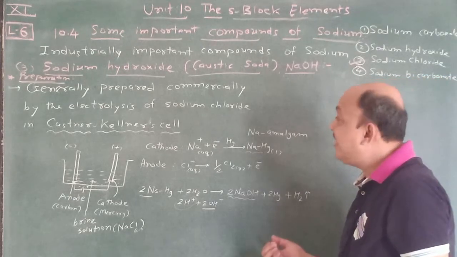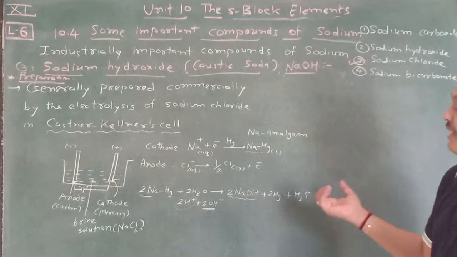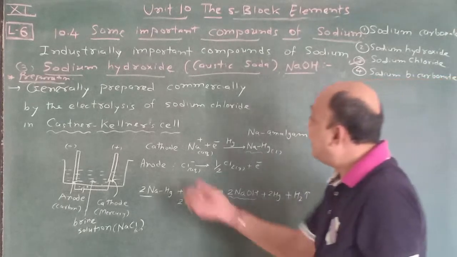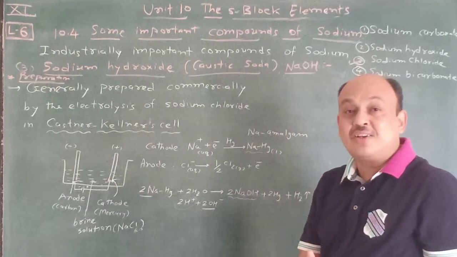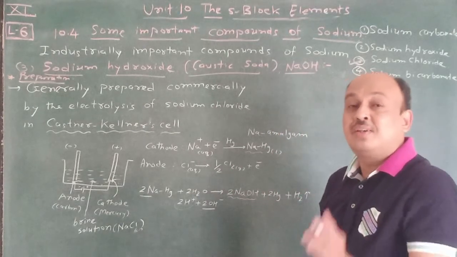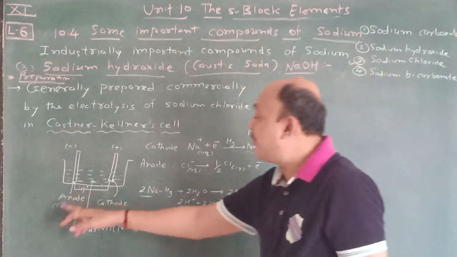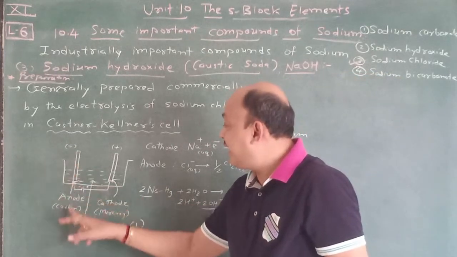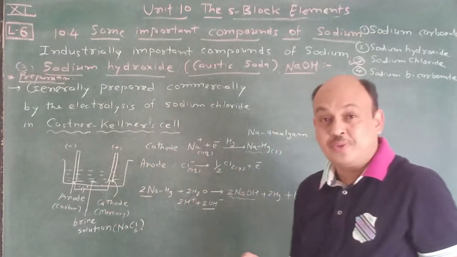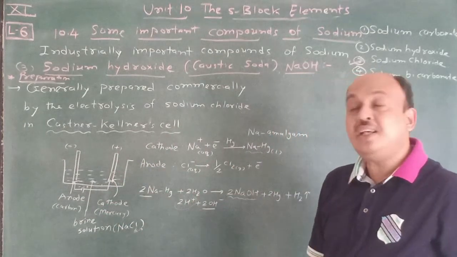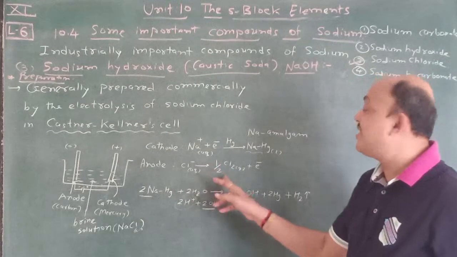This is a very easy experimental electrochemical cell in which electrolysis occurs. Remember, one is the anode and the other is the cathode. Carbon is taken as the anode and mercury as the cathode.